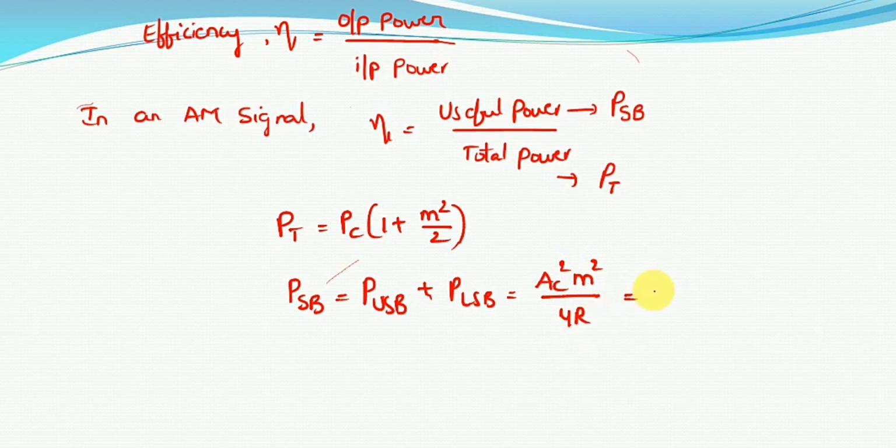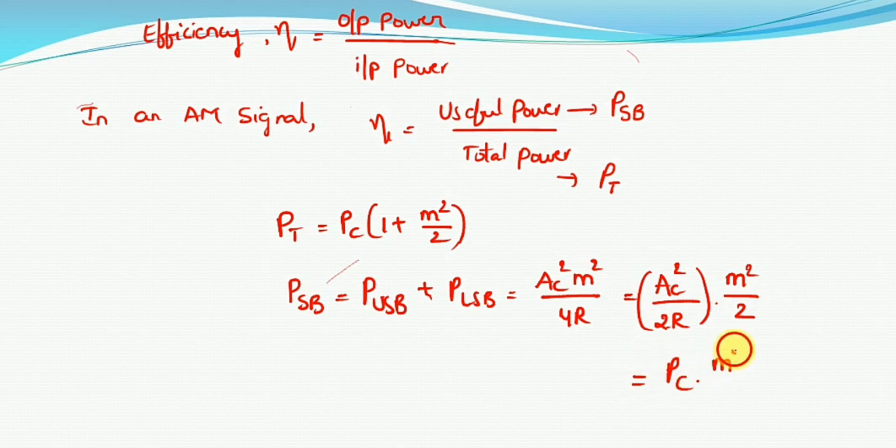So I can write the sideband power in terms of carrier power as AC square by 2R into m square by 2. AC square by 2R I can write as PC. So PC into m square by 2. This is the sideband power.